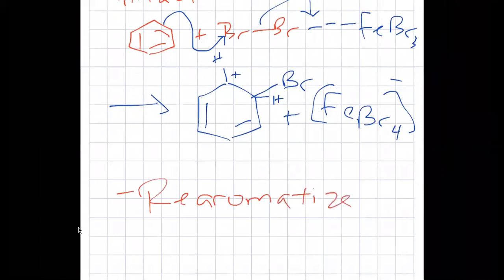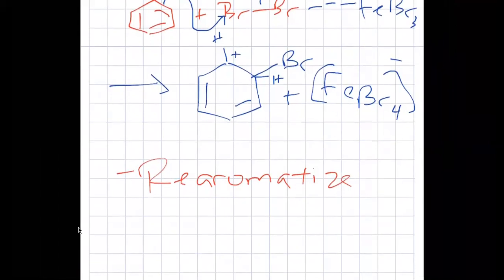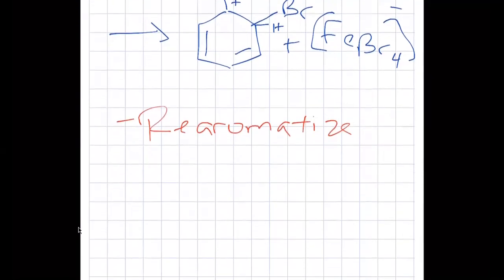Right, in order to do that, you have to do an elimination. So I'm just going to show that. I'll redraw it down here. So the arenium ion is here.